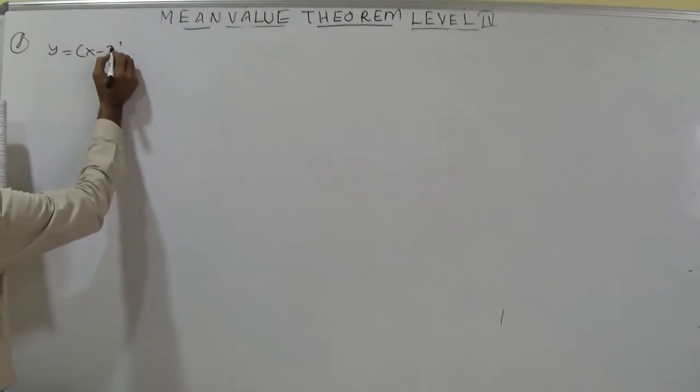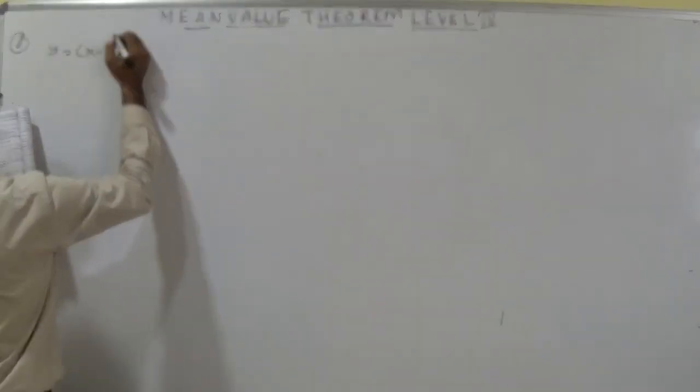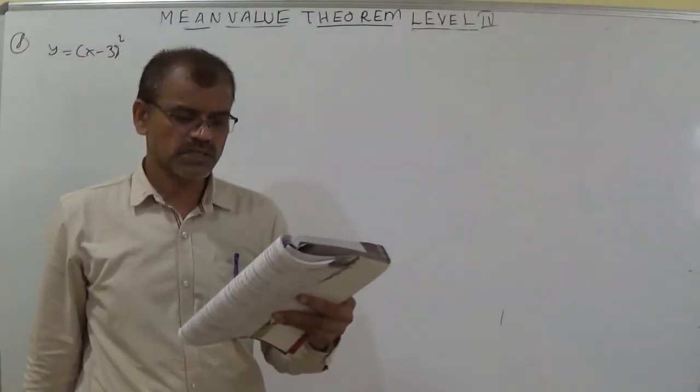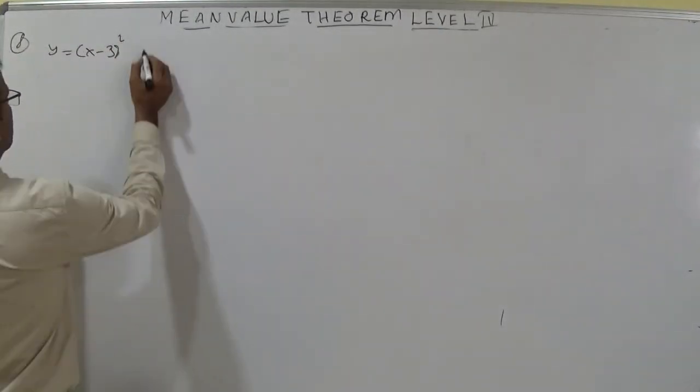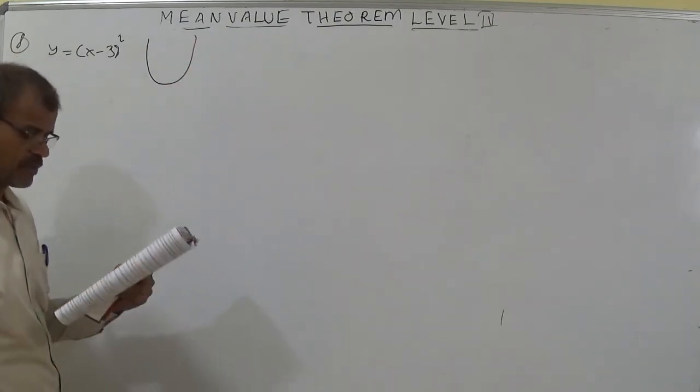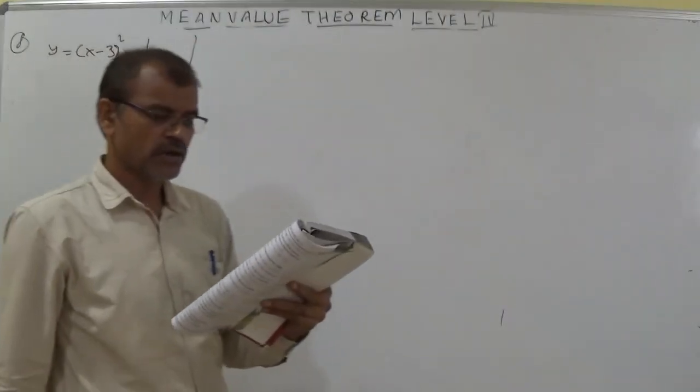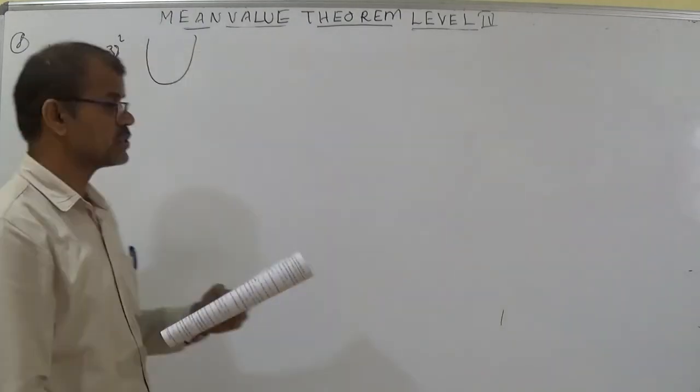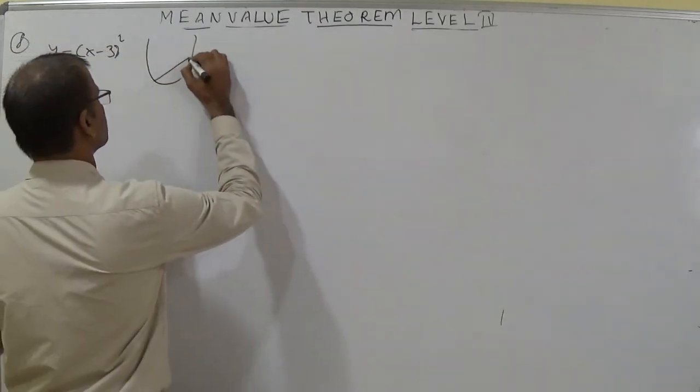Eighth question. A tangent parallel to y equal to x minus 3 whole square. Whenever x minus 3 whole square is given, you can understand that x square is equal to 4a, a parabola shape, where the tangent is parallel to the chord joining the points 3, 0 and 4, 1. Let it be chord.